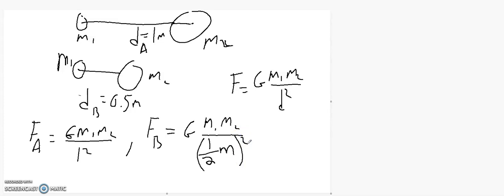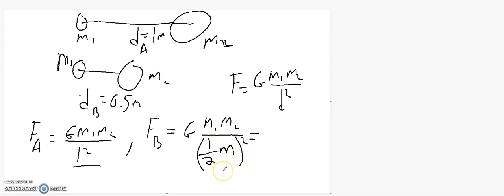Comparing FA and FB, you have what's in the numerator divided by a fraction, and the fraction is squared.